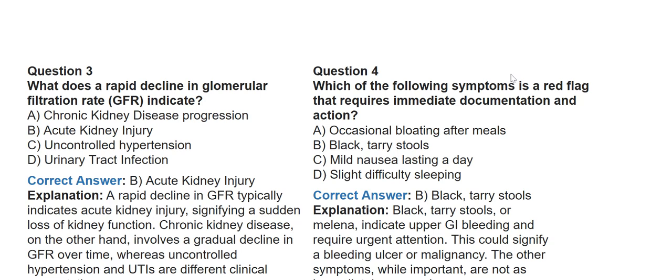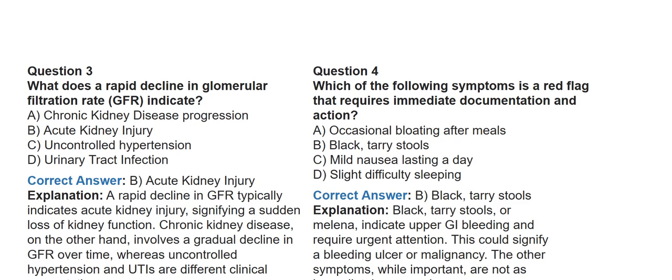Question 4. Which of the following symptoms is a red flag that requires immediate documentation and action? A. Occasional bloating after meals. B. Black tarry stools. C. Mild nausea lasting a day. Or D. Difficulty sleeping.